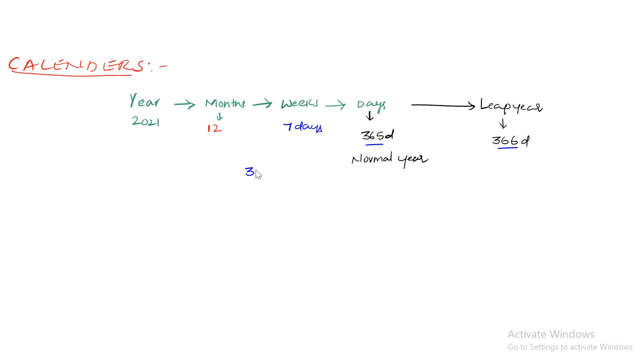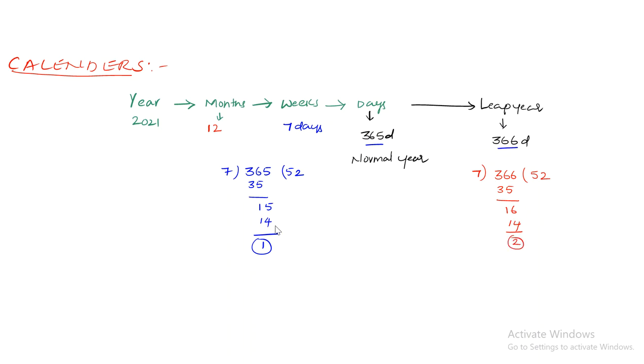So first, what we'll do is divide 365 by 7. 7 fives are 35, and 7 twos are 14, so here 1 is left as the remainder. Similarly, for a leap year, you take 366: again 35, then 16 minus 14, you will get 2.